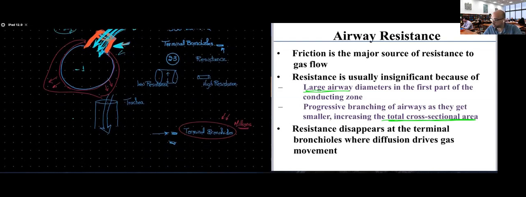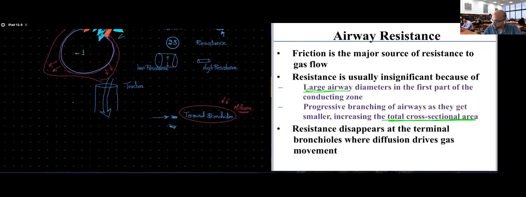Why? Because simply you are traveling from a large diameter, which is the trachea, to a small diameter, yes, which is a terminal bronchiole, but you're gonna have millions of them. So this will not be applying much resistance against the airflow.